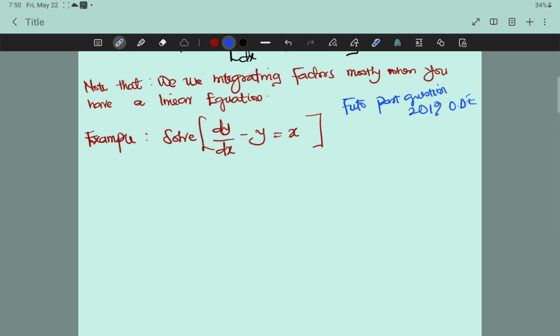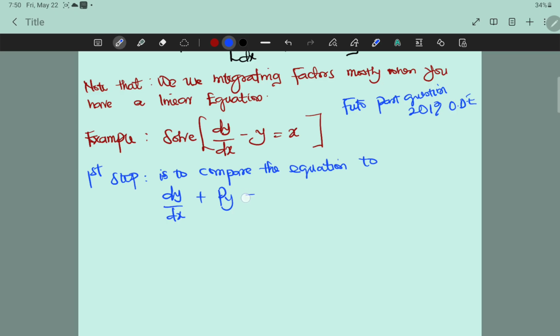The first step is to compare the equation with dy/dx plus py is equal to q.